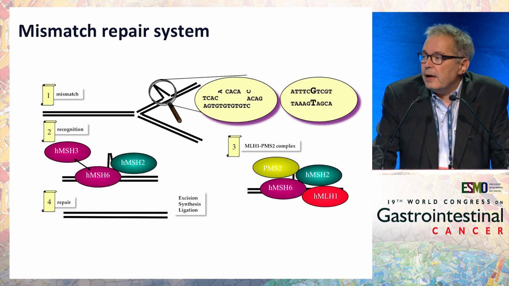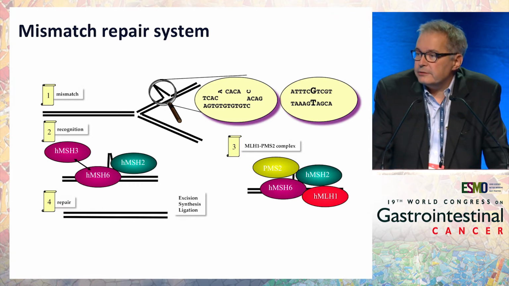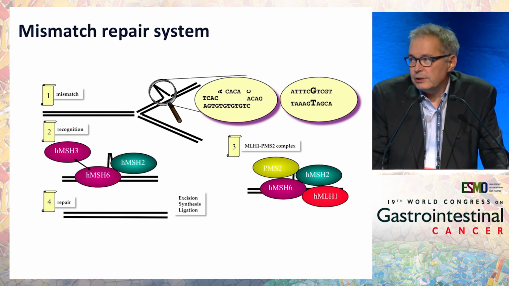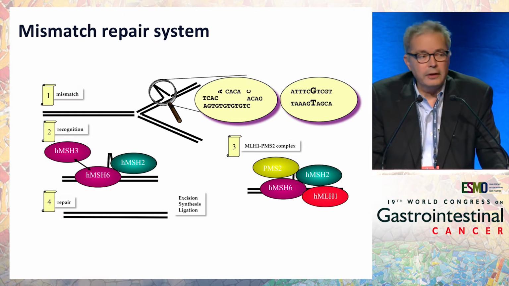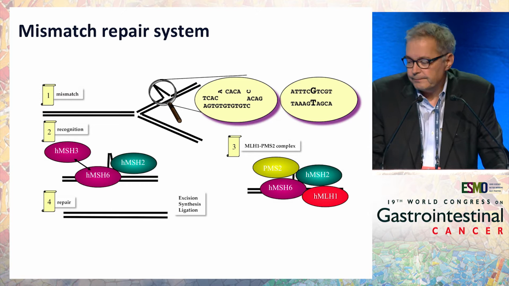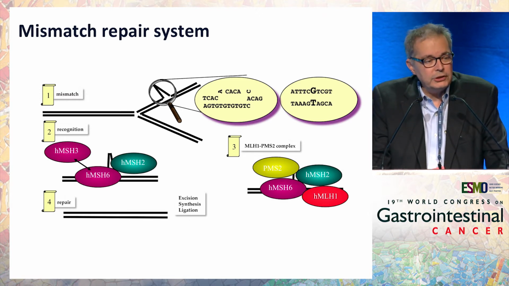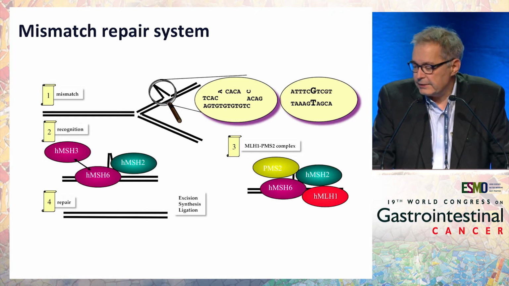That's the name for a microsatellite. In fact, microsatellites mean a repeated sequence of mononucleotide, dinucleotide, trinucleotide, or up to pentanucleotide. And in this repeated sequence, there is an accumulation of errors by the polymerase.